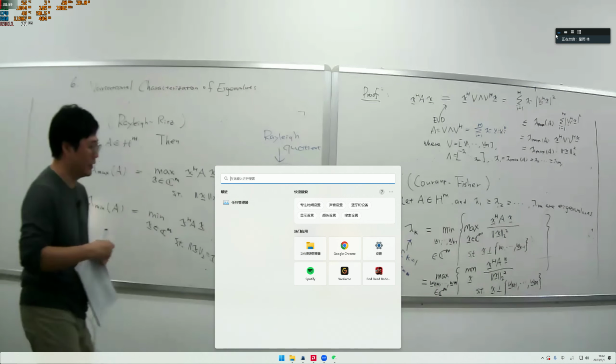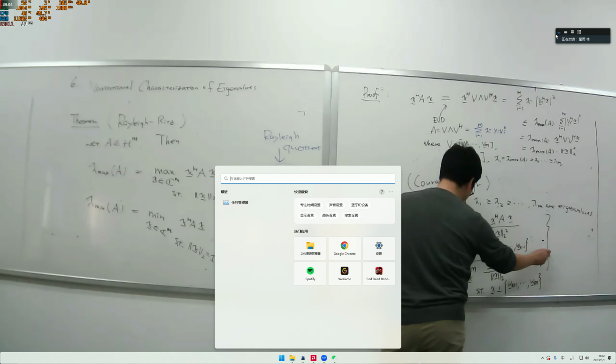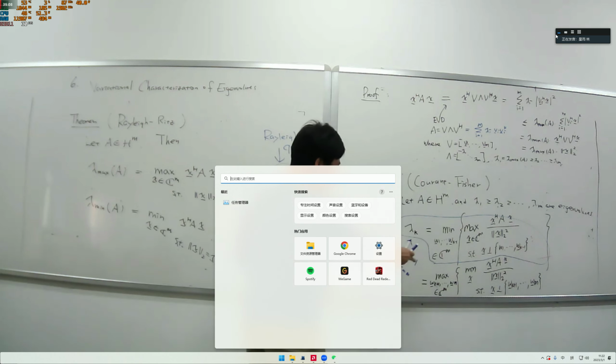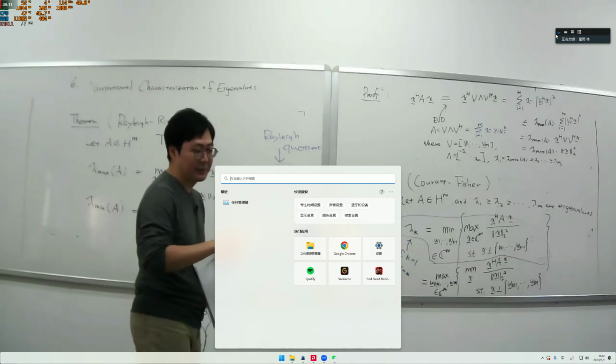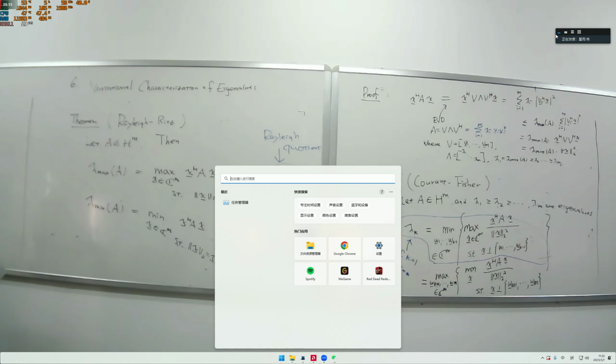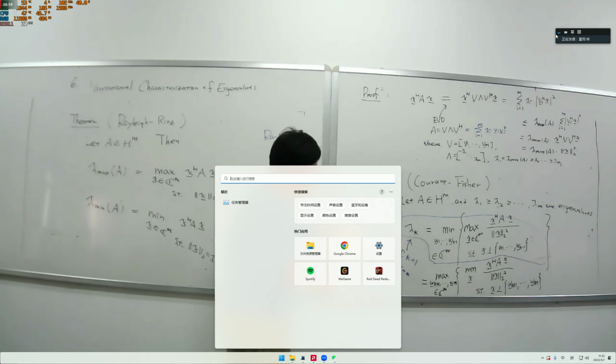We will prove the min-max part, and the max-min part can be proved in the same fashion. So let's go through the min-max.